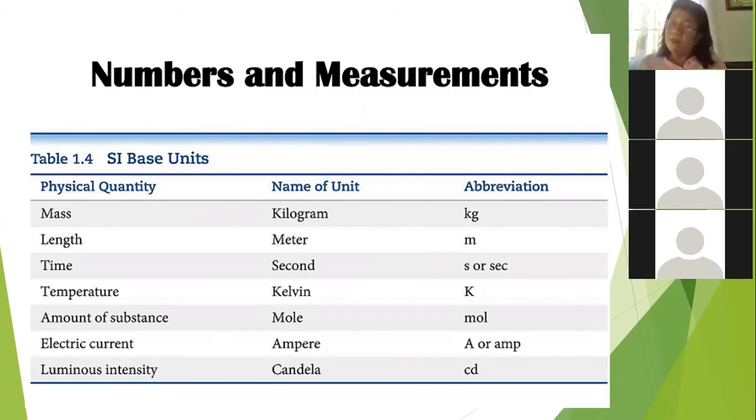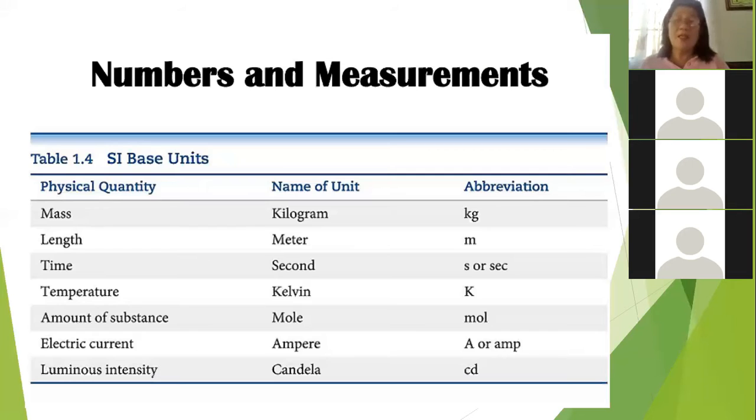Long before, there is no such thing as standard. Even 1 mile, during the time of the Roman Empire, was equivalent to 1,000 steps of a Roman soldier, and that is mile.